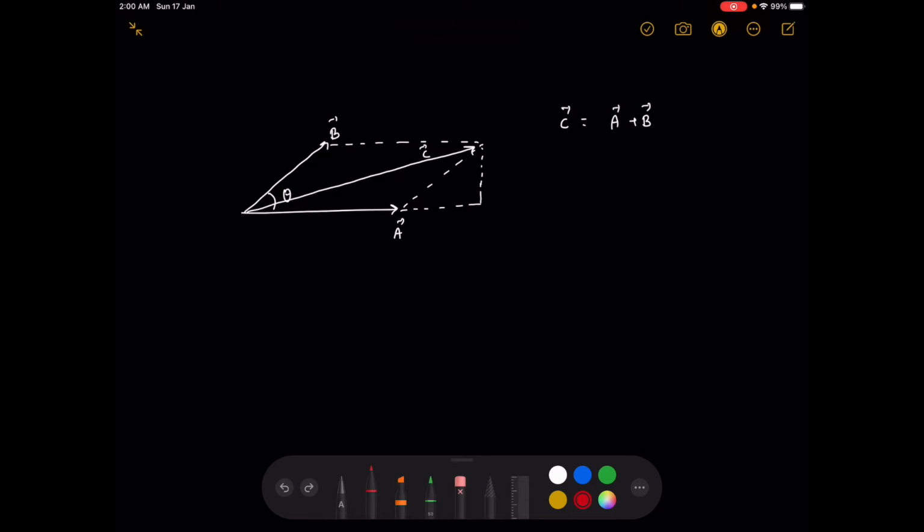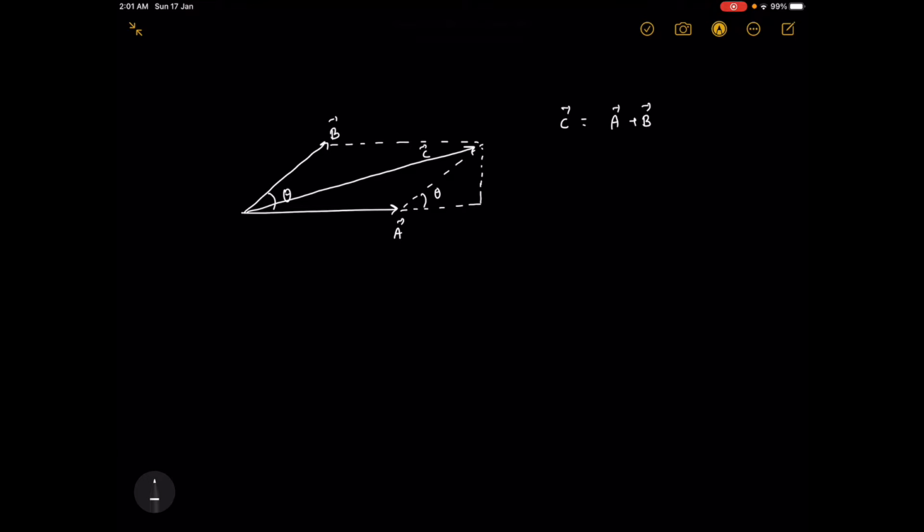Now if you use your basic geometric thoughts, you will see this is theta as well. Using the right angle triangle property and this angle theta, we can write this elongated part equals b cos theta, and this perpendicular will be b sin theta.